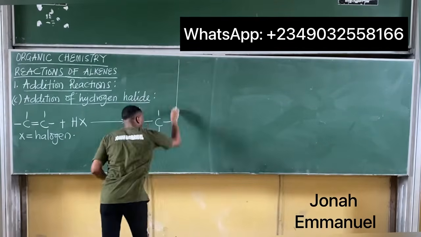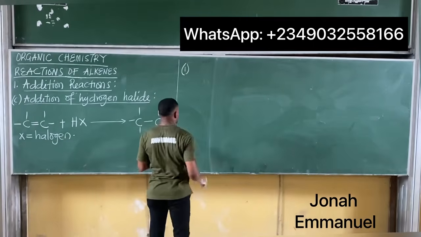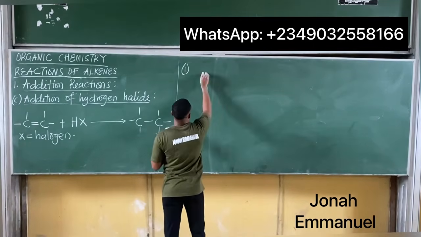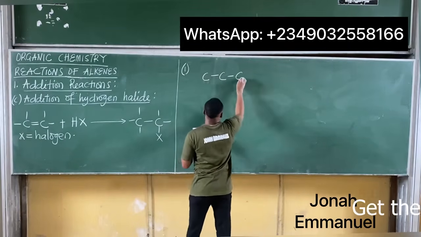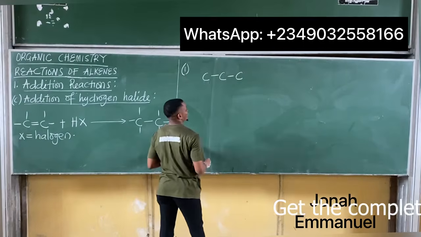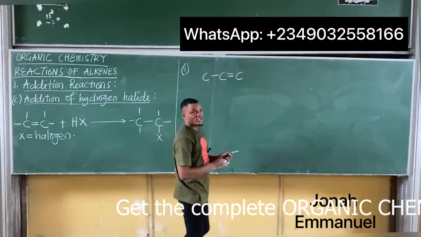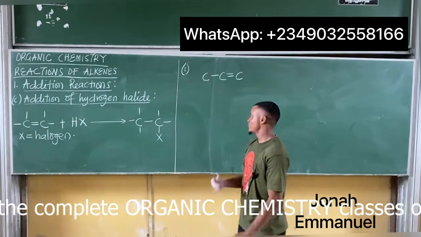So any alkene at all, example number 1, any alkene at all. Let's make an alkene: 1, 2, 3, that means a double bond there. On your own, no, let's save time.